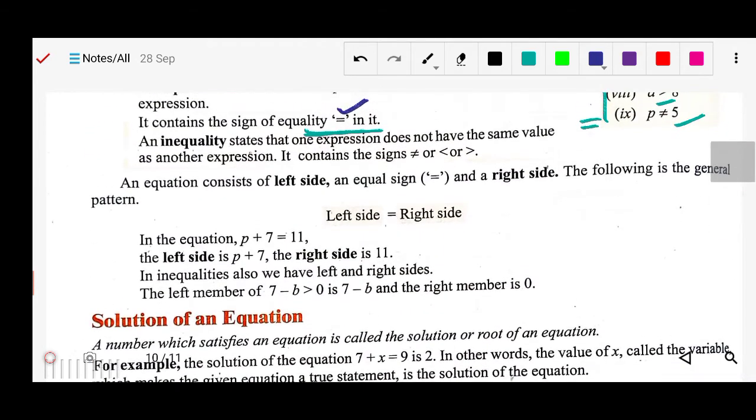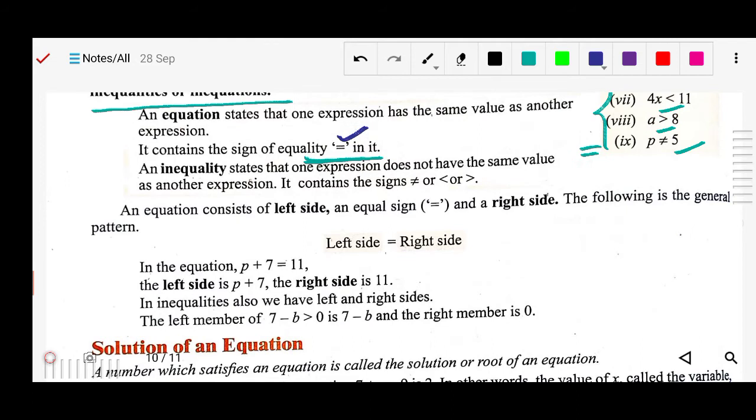It is very important. An inequality states that one expression does not have the same value as another, and it contains signs like not equal to, less than, greater than. So I hope you understand what an equation and an inequality are.